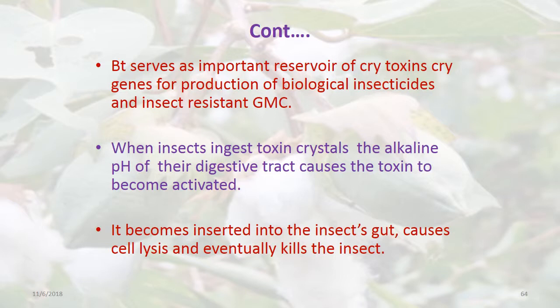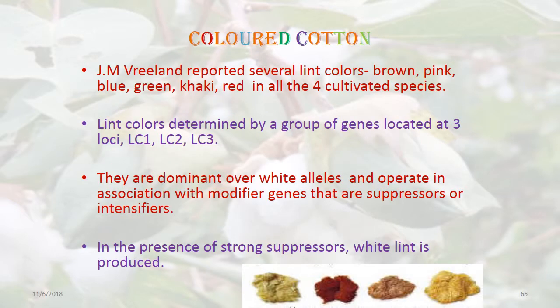It becomes inserted into the insect's gut, causes cell lysis and eventually kills the insect. To talk more about BT cotton, it now covers a wide area in India, and it is the only commercial non-food crop which is widely accepted for commercial cultivation.